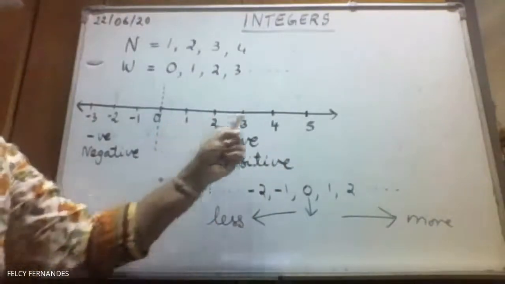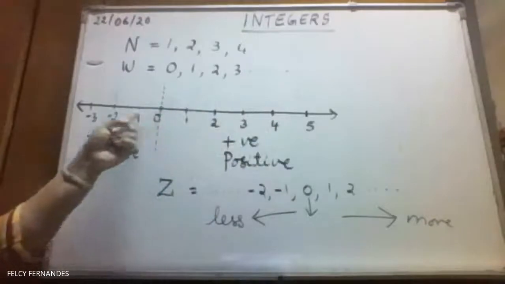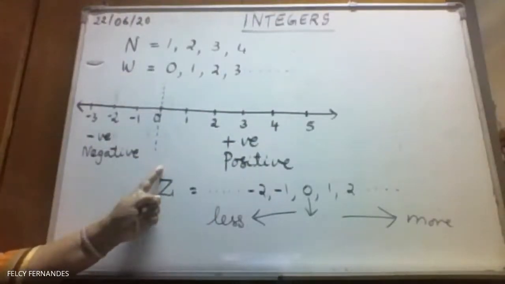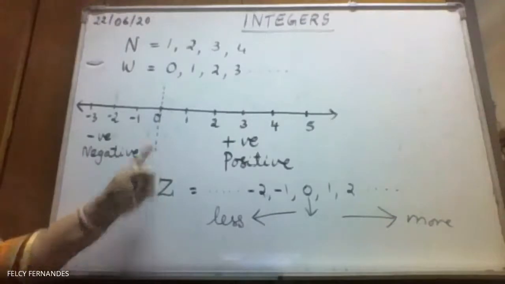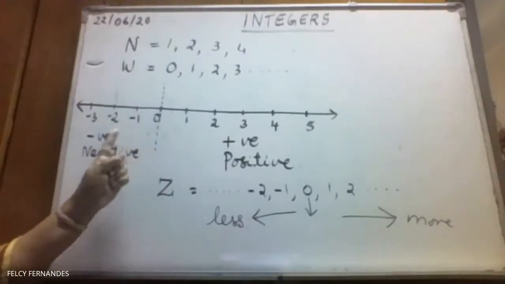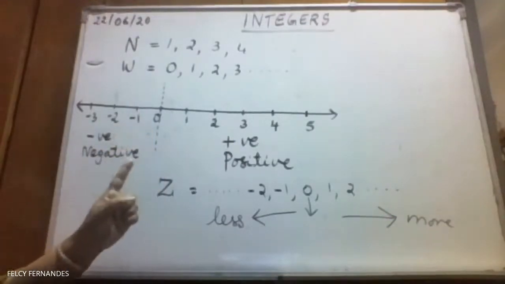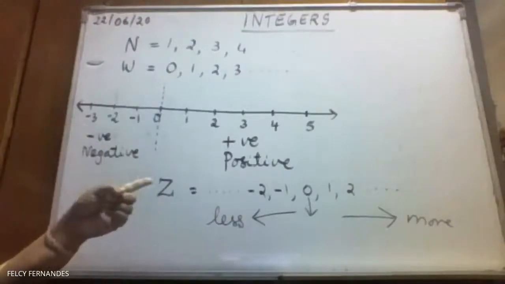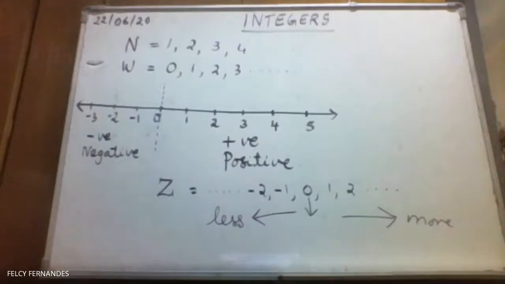We have positive numbers, we have negative numbers, including the 0 in the middle. 0 has no sign, but it has a value. It is neither positive nor negative.